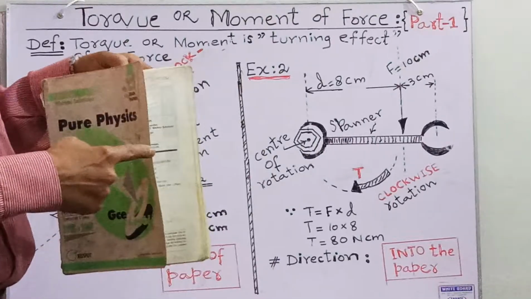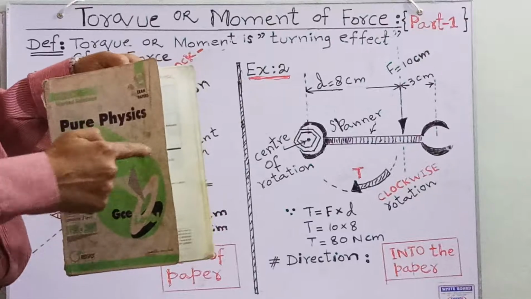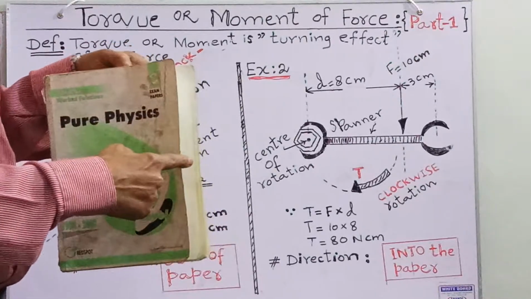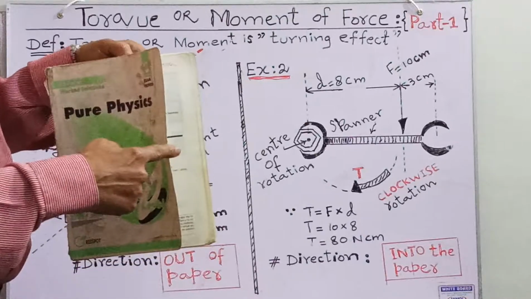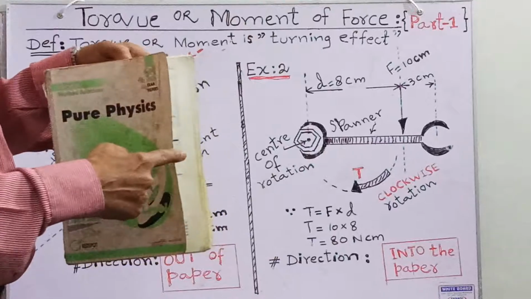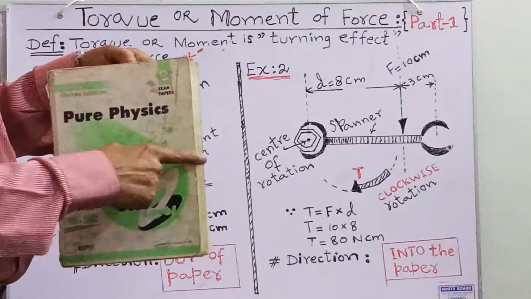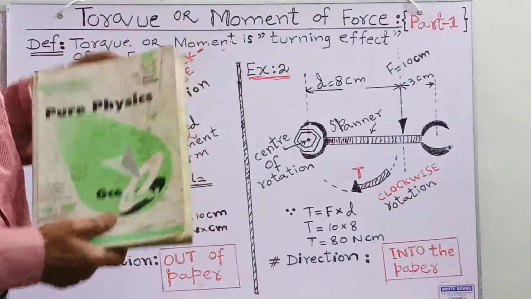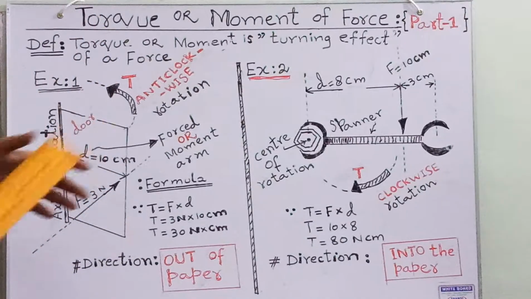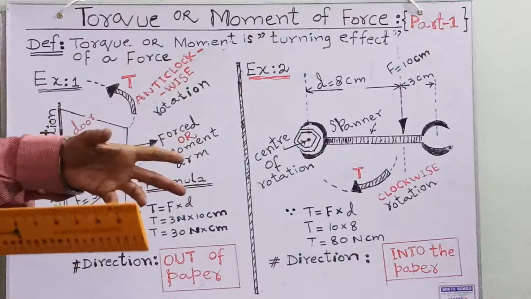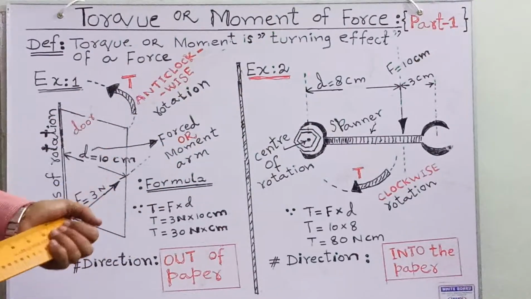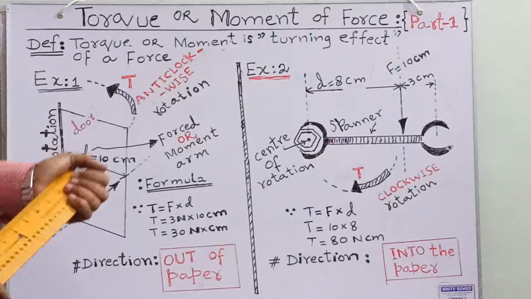So the torque, or the moment, is produced in the inward direction, and the door is going to be closed or shut. So the turning effect which is produced by any force in any body or object is called the torque of force or the moment of force.